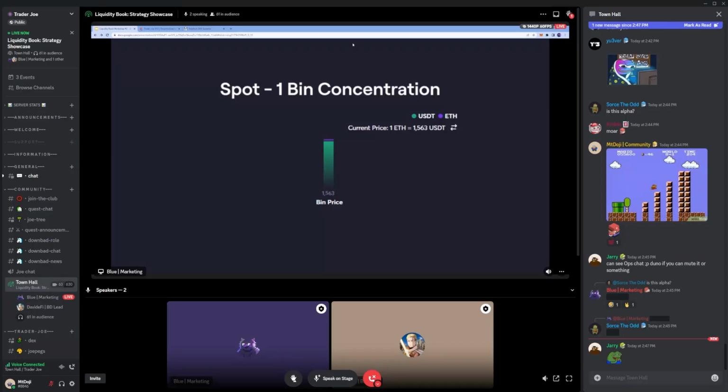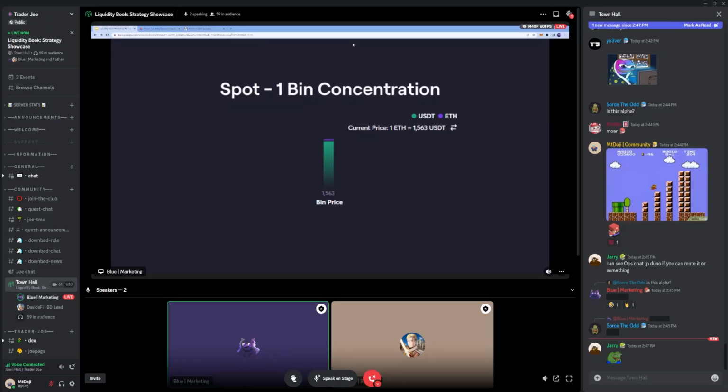This is much more common and popular, obviously, in stable liquidity pools, mainly the blue chip stables. So, for example, USDC and bridged USDC, USDC.E. You see the majority of liquidity stacked in one bin. That's pretty much because the trading doesn't really move around, for example, $1.